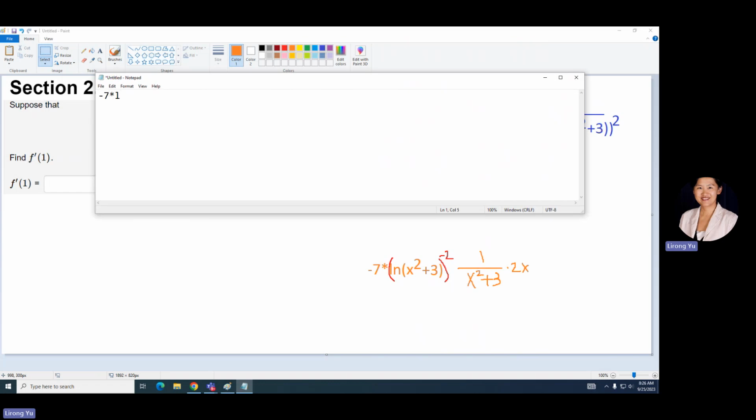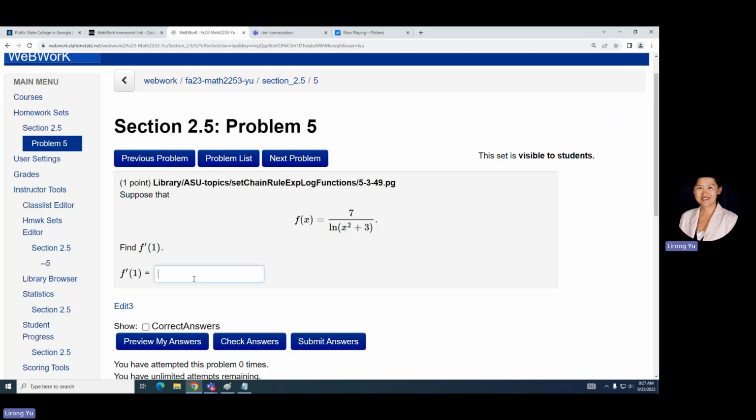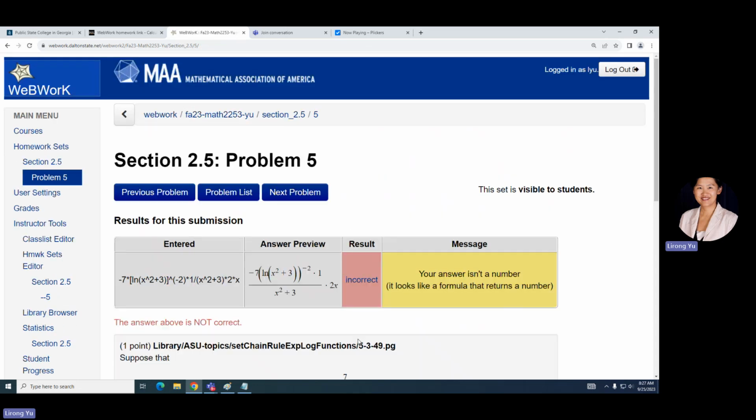So you have -7 times parentheses logarithm, parenthesis, x squared plus 3, parenthesis, to the power of -2, right, that's the power of -2, multiplied by 1 over parenthesis x squared plus 3 parenthesis, and then times 2x. So directly write down what we have here, and you see WebWork can combine and display the format.